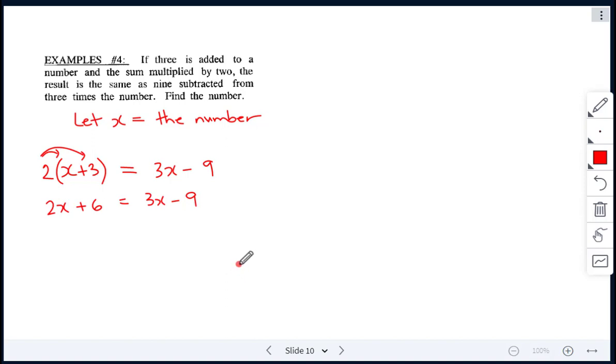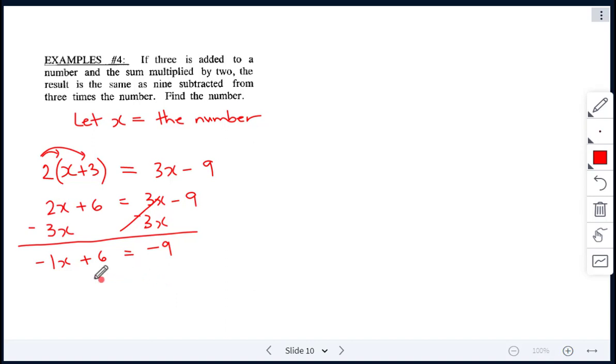So now we have to move things over the equal sign, using opposite operations. We can subtract this 3x to bring the x onto the left-hand side. So 2x minus 3x leaves me with negative 1x plus 6 equals negative 9.